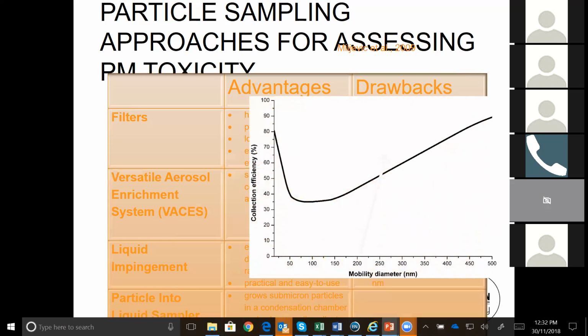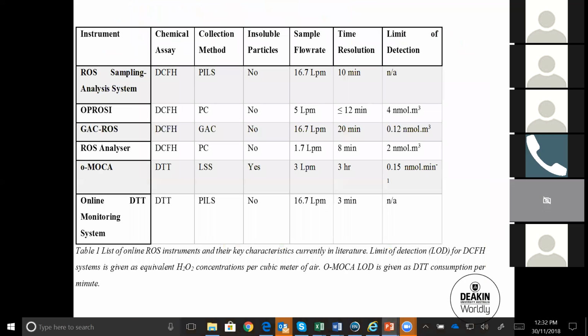This is showing you the collection efficiency of impingers. This slide is showing you the new instruments that are being used for ROS collection. All of them are mainly steam collection devices. They are very good because in operation, a sample aerosol is continuously mixed with vapor, and then we have condensational growth, which is done to achieve high efficiency collection of ultrafine particles.